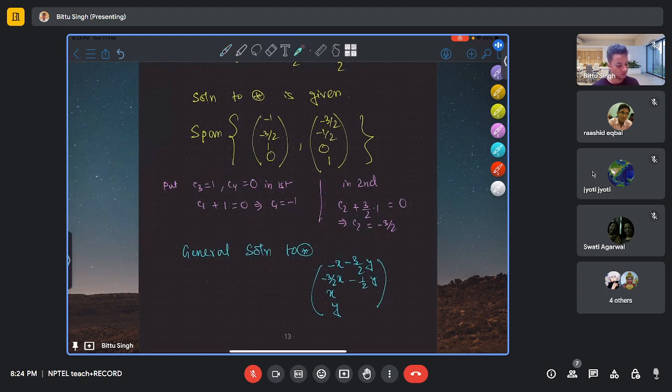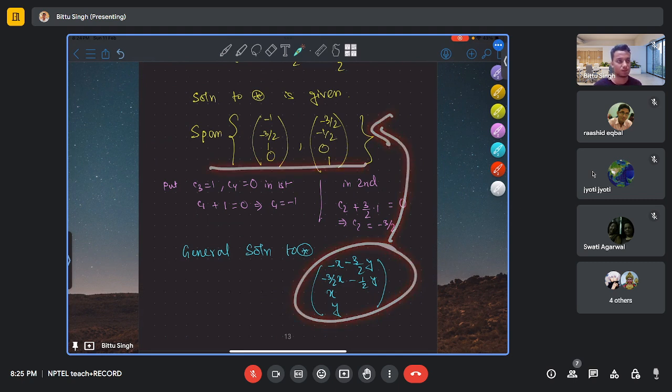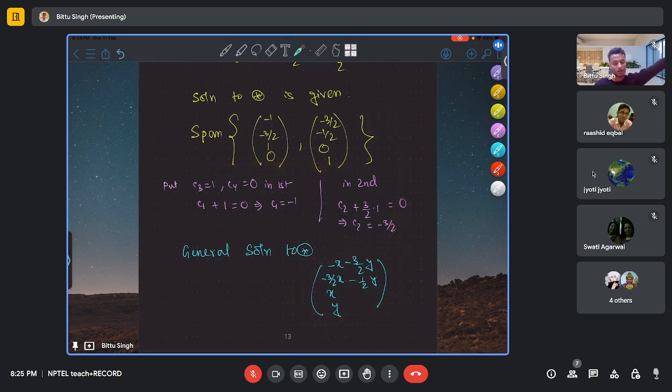And instead of writing this, we can write it as the span of those two elements. The nice thing is that we can write the whole space in terms of only two elements. Only two elements define the whole space, because any element from the solution space or null space can be written in terms of those two elements.